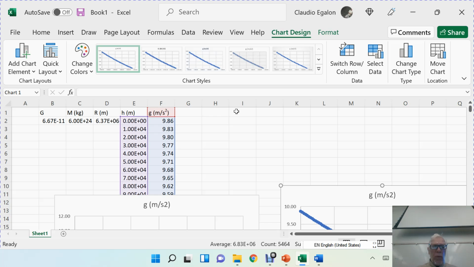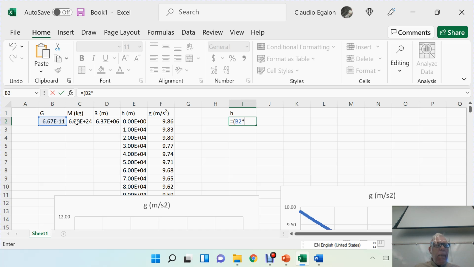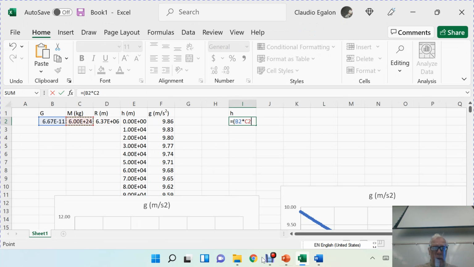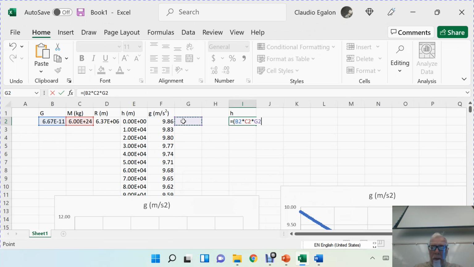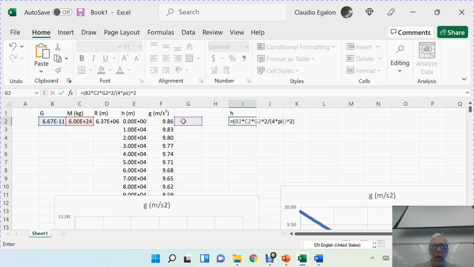All I have to do is calculate h, right? h is going to be big G, big M, period squared. Oops, I have to write down the period. Period squared divided by 4 pi squared, and then I'm going to close this one as well.